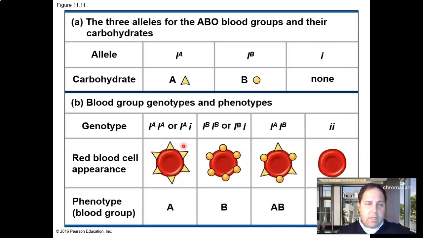So these 3 alleles will give you 4 different types of blood: A, B, AB, and O. You're probably thinking about blood types and pluses and minuses too. That's a totally separate gene that sorts independently from ABO, so we won't make things more complicated. But the Rh factor, plus or minus, is a different gene.